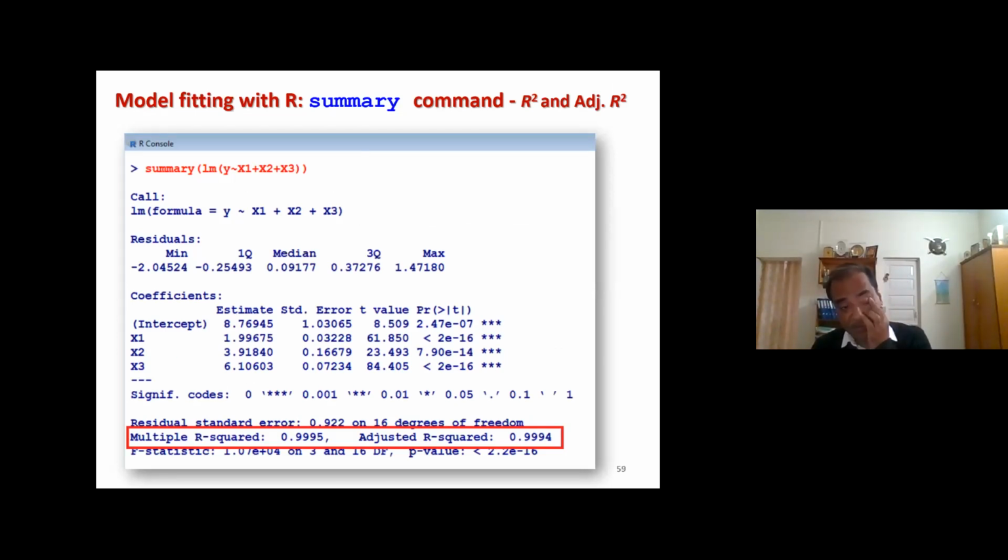Here there is multiple R square, that is the value of R square, which is 0.9995. And then adjusted R square, this is 0.9994. So usually you will see that the value of adjusted R square will be very little smaller than the value of multiple R squared.